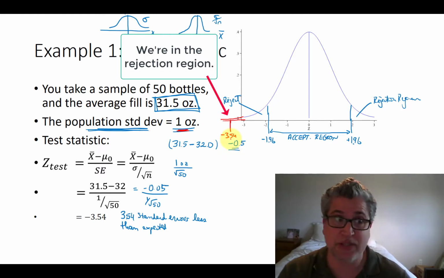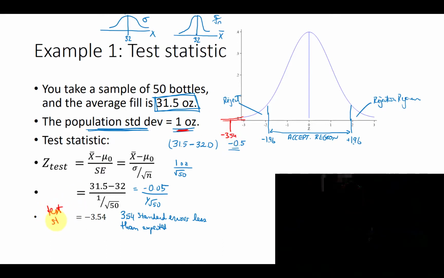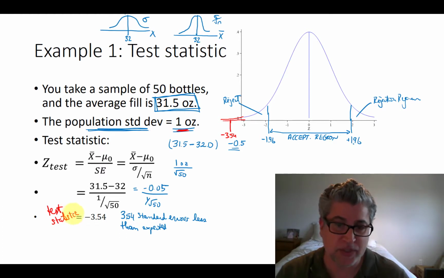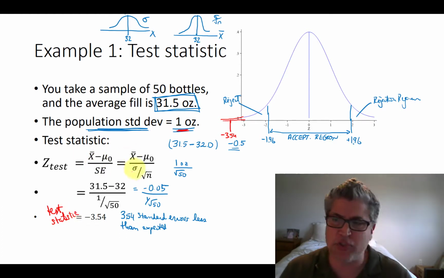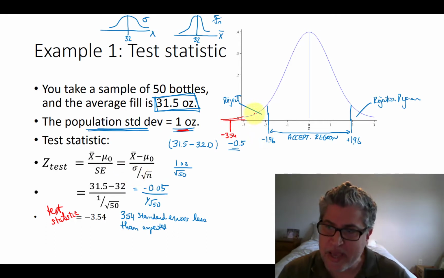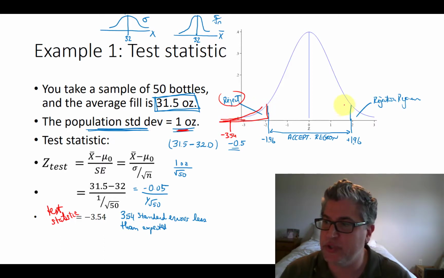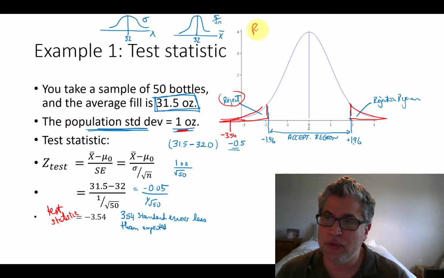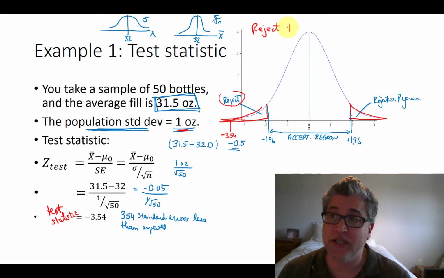So just to complete this whole process, we had our test statistic, which was a summary of our sample average. It's just normalized so that it's on a z-scale, but it's a summary of x bar, really, and how far it is away from what you expected. And it's way out in a rejection region, one of our two rejection regions. So what is our conclusion? We would reject the null hypothesis.